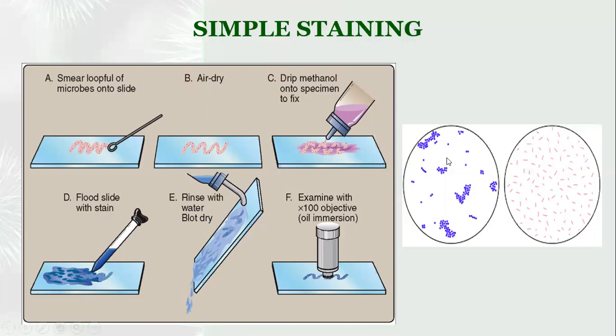Here you can see the arrangement of the bacteria. These are the cocci, which are formed as bunches, and these are the bacilli, rod-shaped bacteria. Like this, you can identify the presence of bacteria by the simple staining technique.